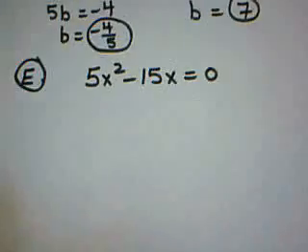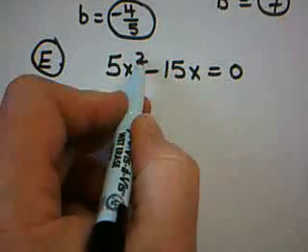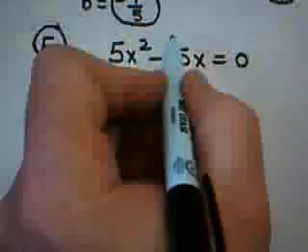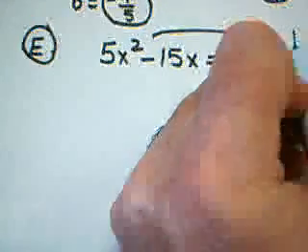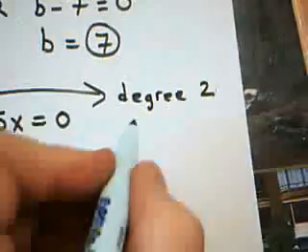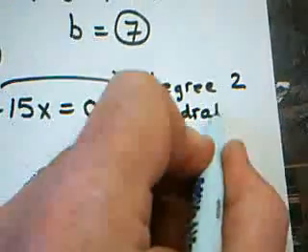When I look at part E, which is the equation 5x squared minus 15x equals 0, I have another equation whose degree is 2. Okay, this is degree 2, which is also called a quadratic equation.